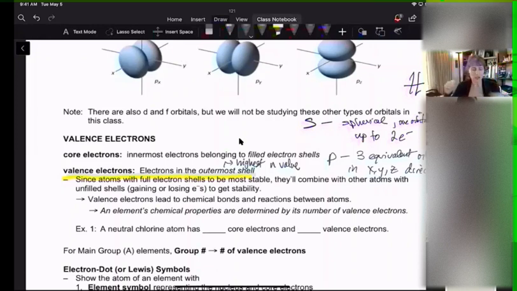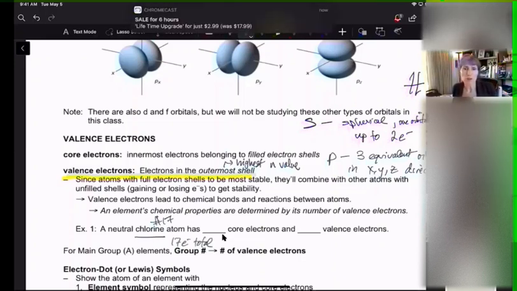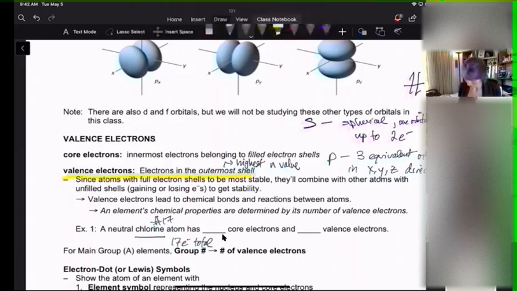So if we look at chlorine, you find that on your periodic table. Chlorine is number 17, so it has a total of 17 electrons. How many are in the outermost shell? Maybe I'll just draw this. All right, and then here is chlorine.